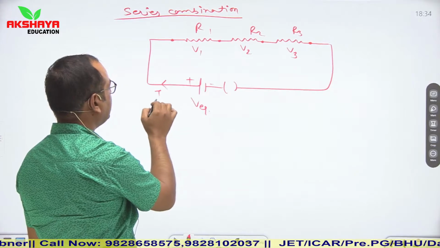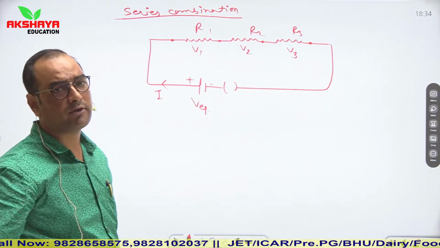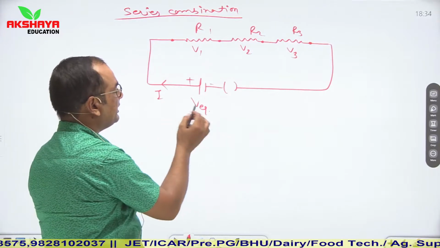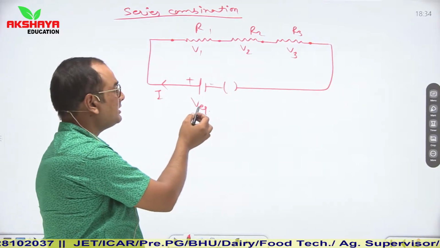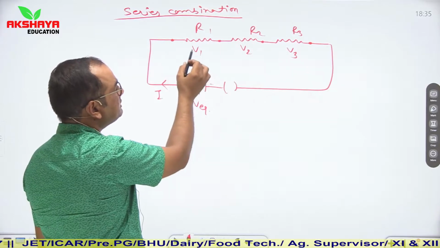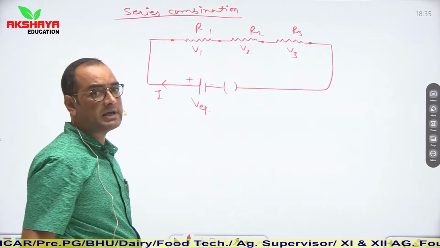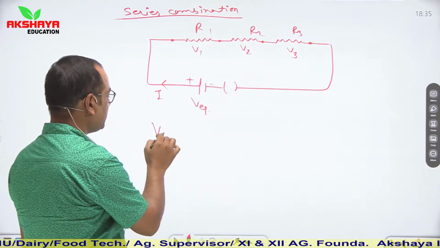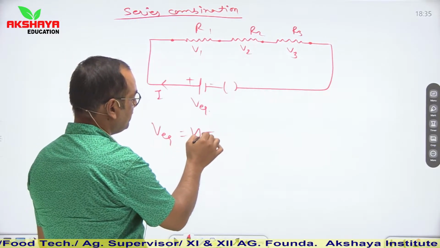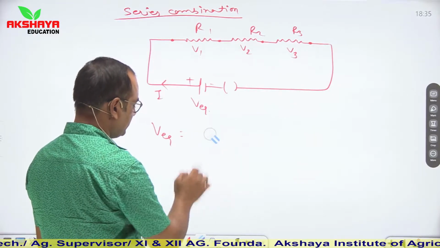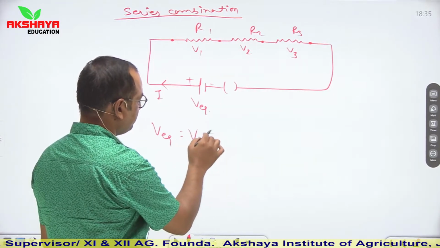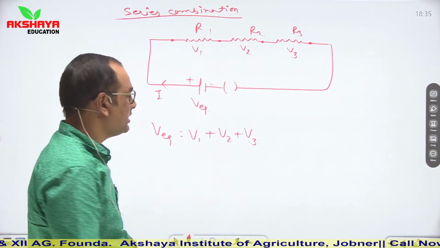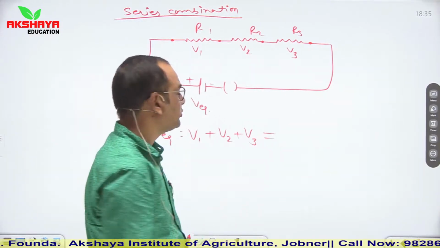But they all are connected in series, so the electric current flowing through them will be the same. So the concept we use is that the equivalent potential difference of the source is equal to the sum of the individual potential differences across the resistors connected in series. It means V equivalent is equal to V1 plus V2 plus V3.